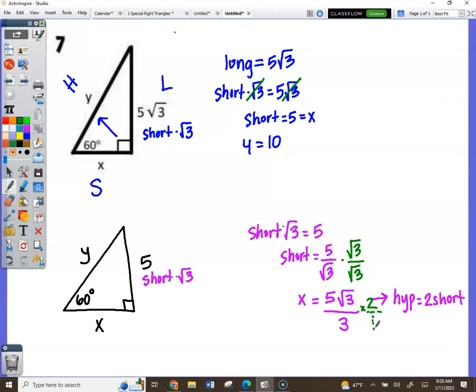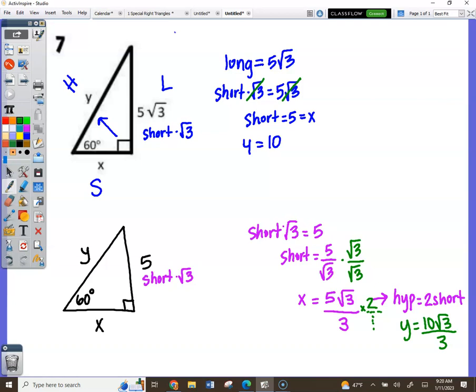So 5 root 3 doubled would be 10 root 3. Okay, so in this case, what's the hypotenuse letter? Y. It would be 10 root 3, still over 3. But you doubled the number on top. So be careful there. Problems like that don't come up a lot, but there will be one or a couple intermittent.